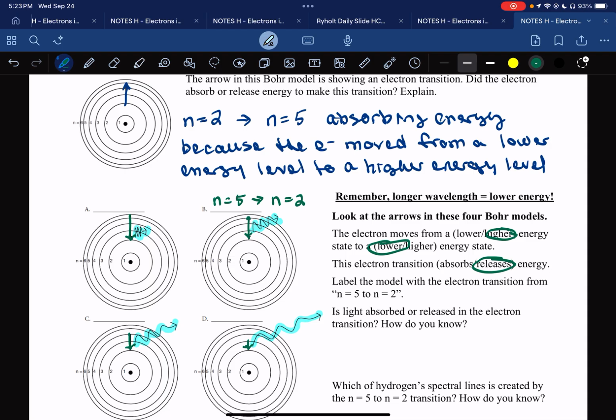It says, is light absorbed or released in the electron transition, and how do we know? So it's going to be released because the electron moves from higher energy to a lower energy level.